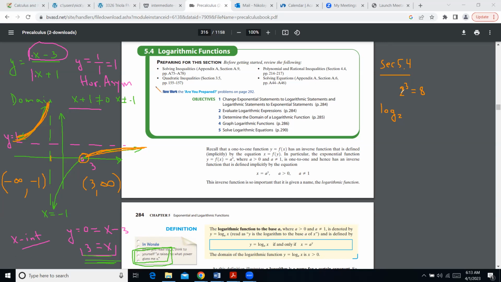So this number 2 you put as a base, taken of number 8, that's the result. And that 3, that power, is going to be on the other side. So these two are exactly the same expressions. One says 2 to the power of 3 is 8. The other says logarithm of base 2 to produce 8 is equal to 3.